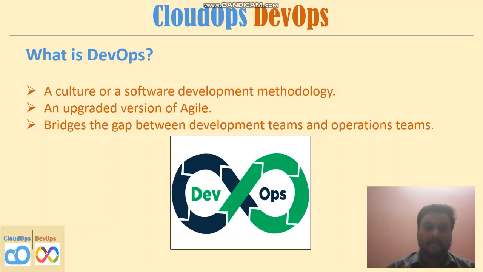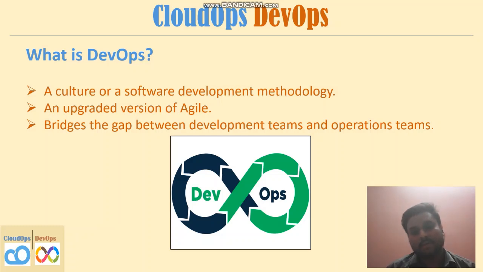Then came the agile methodology. Agile methodology bridged the gap between the development team and the testing team. The developer team used to develop code and deploy it in a particular environment. The testing team used to test it from the QA environment. They used to give feedback to the development team, and the development team used to accommodate those changes in the code.